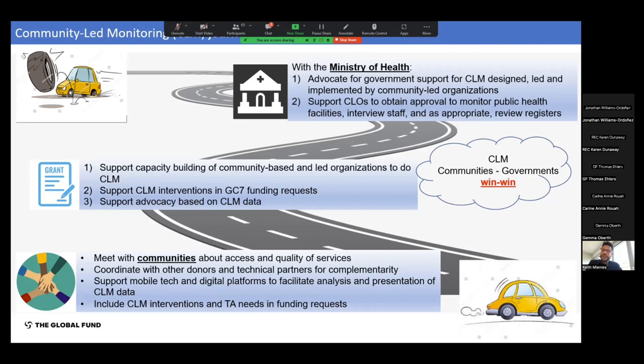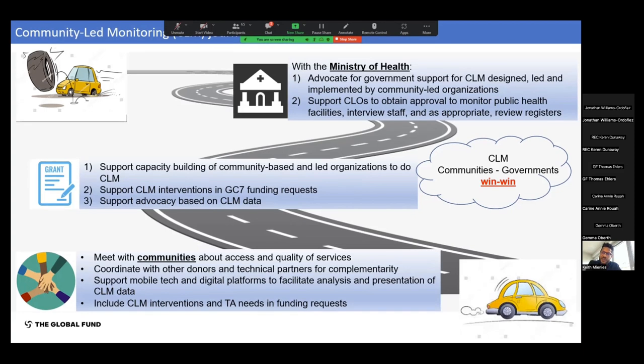As community-led monitoring evolves, there are some countries and mechanisms that are moving from manual data collection and analysis to mobile technologies and digital platforms. This is proving to be quite useful in terms of ease and effectiveness of producing reports from CLM data to support advocacy interventions.